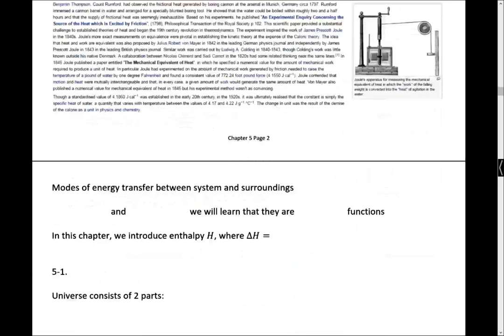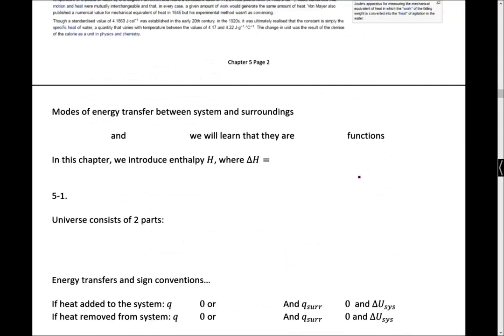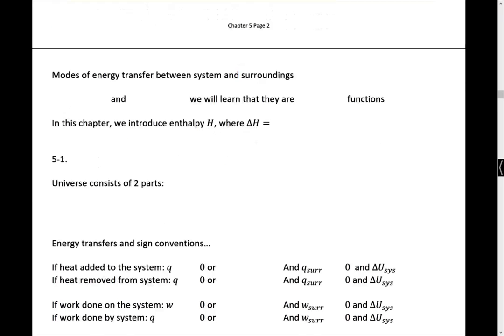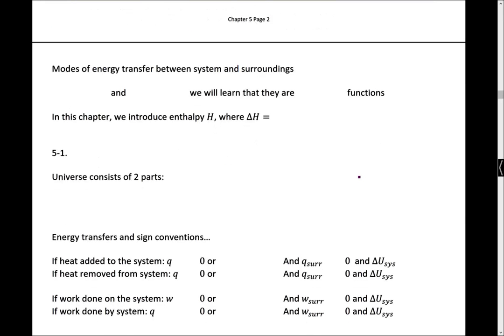Okay, all right. So again, in the beginning part of this chapter, we want to set the ground rules, talk about sign conventions, and how we define systems so that we don't have any confusion. Right?